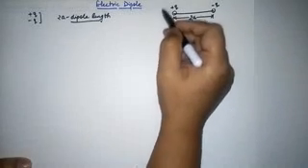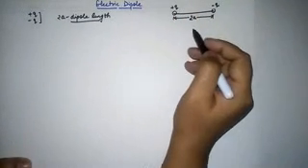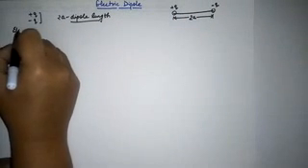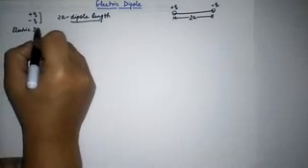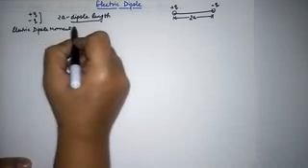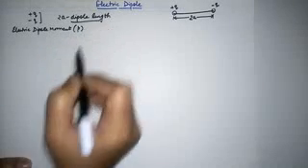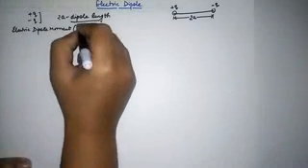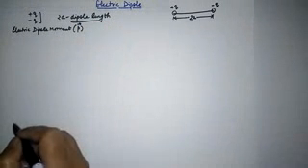One term is associated with this electric dipole, that is called electric dipole moment. It is denoted by the symbol P, and electric dipole moment is a vector quantity.